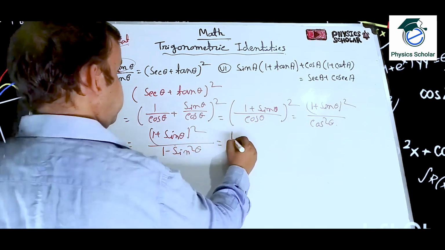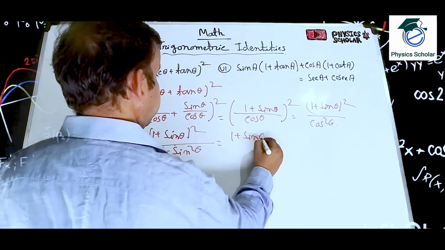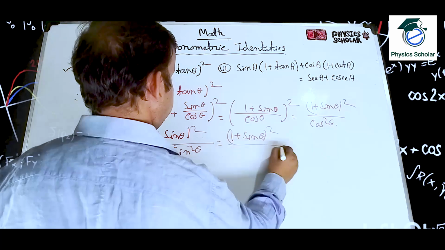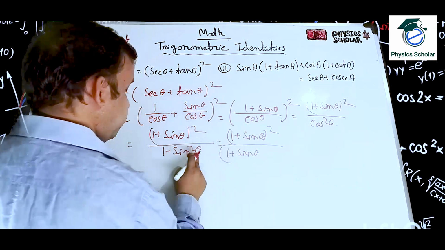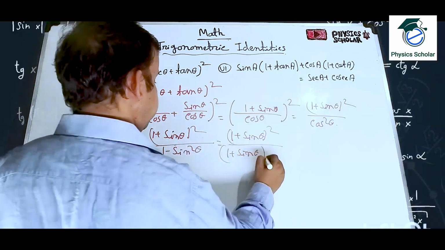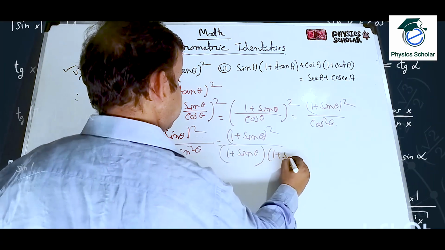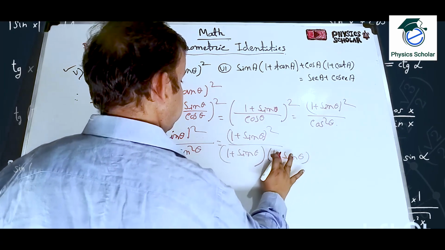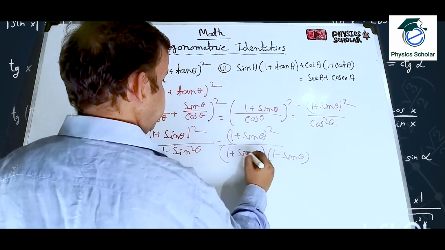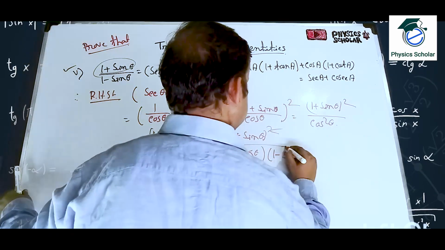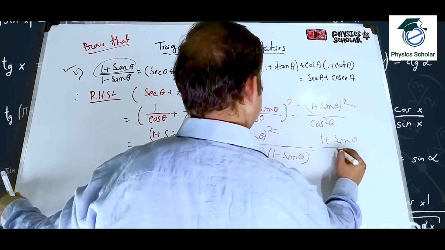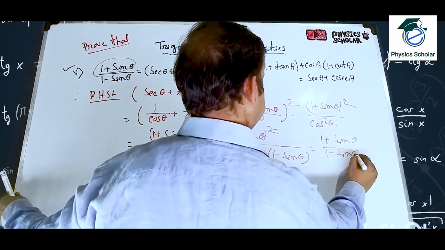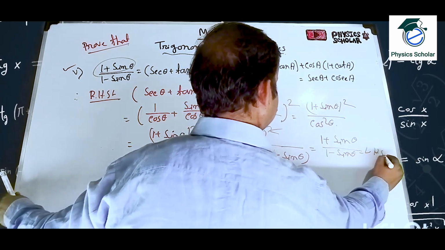So what you can write? (1 plus sin theta) whole square divided by a square minus b square: 1 square minus sin square theta, that is (1 plus sin theta) into (1 minus sin theta). Clear? So this and this will be cancelled. So therefore (1 plus sin theta) divided by (1 minus sin theta) is equal to left hand side.